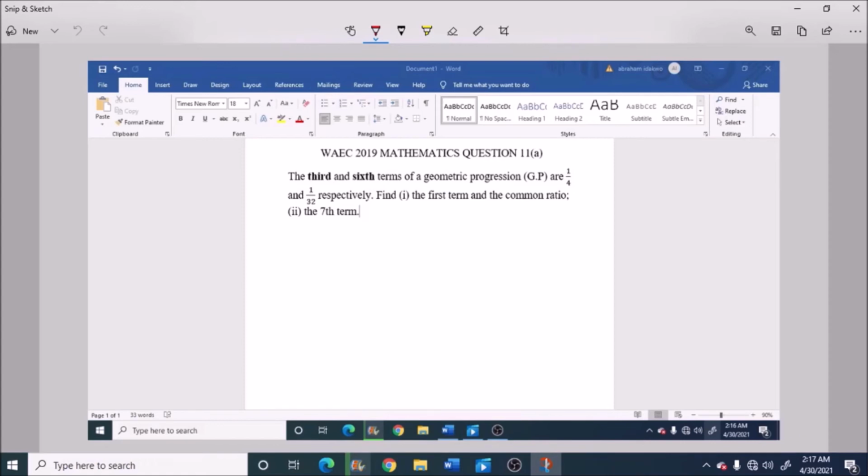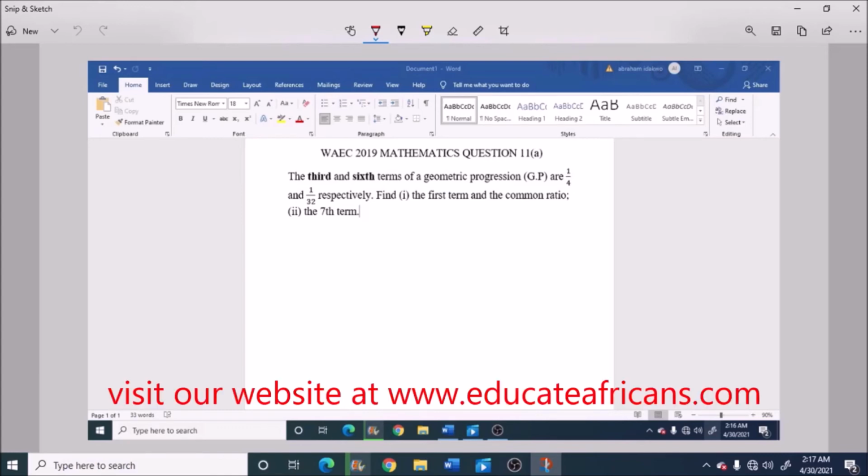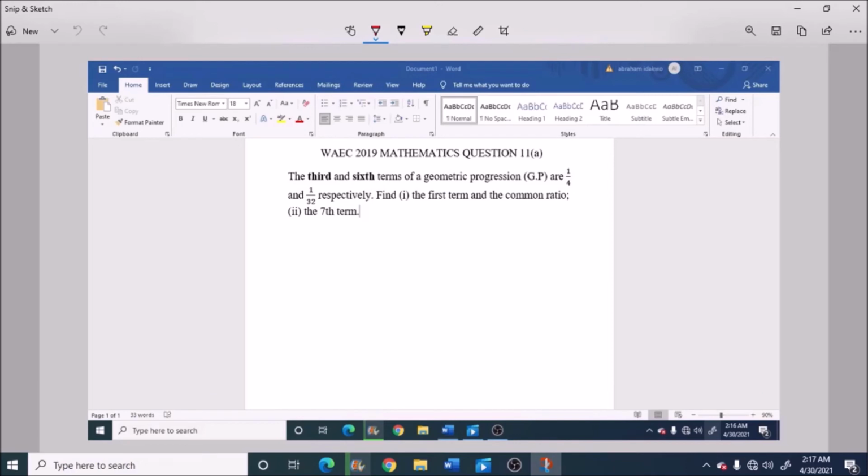So let's begin with the third term. T3 is equal to ar squared, and then the sixth term, T6, is equal to ar^5.